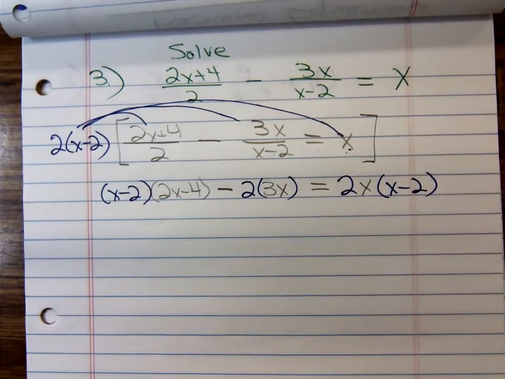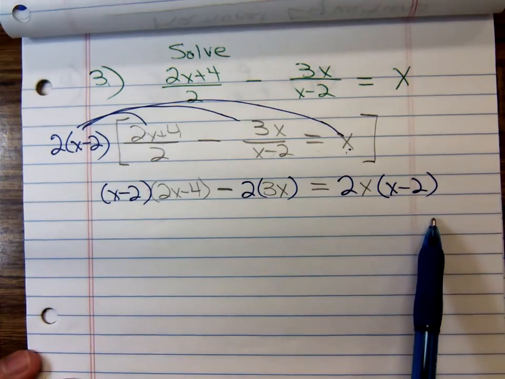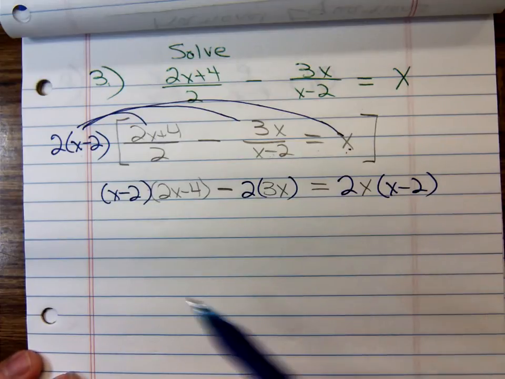Now we have a lot of parentheses we have to get rid of, but we know how to do that. We're just going to have to FOIL and distribute to get rid of the parentheses. So we start eliminating parentheses, FOILing that out.